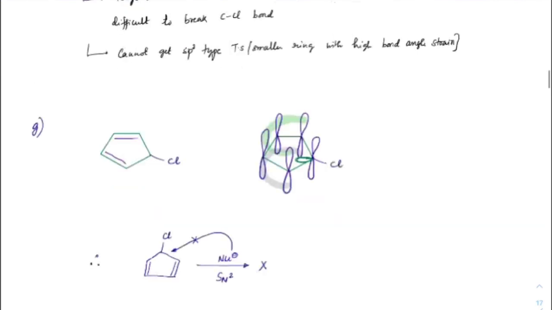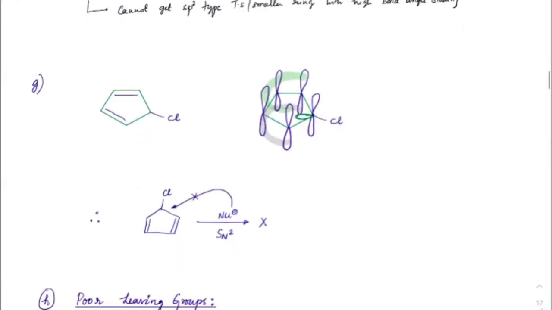Okay, we'll see that. Next case, this is also a case where SN2 cannot take place because this becomes almost planar. Cyclopentyl is supposed to have an envelope kind of shape, but because of these two conjugated double bonds, it will almost take a planar shape. Same problem happens.